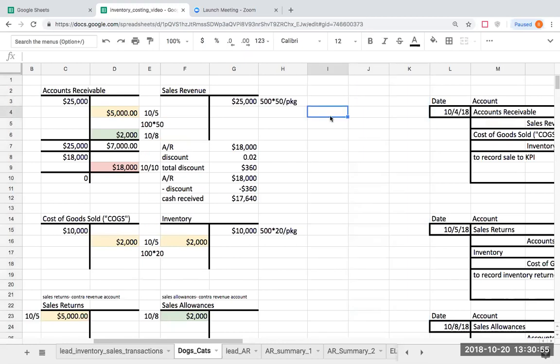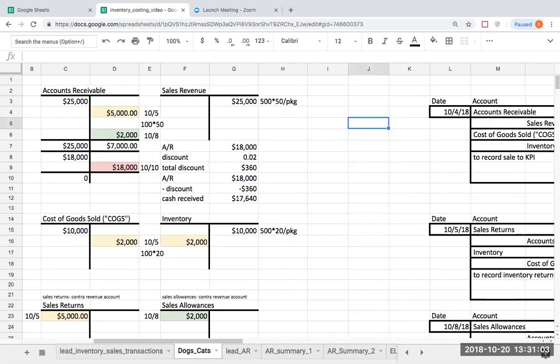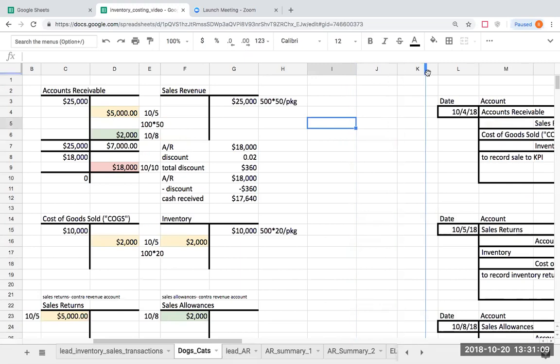And the next thing I want to do is take a look really quickly at what our income statement looks like from all of these transactions, at least the top part of the income statement.